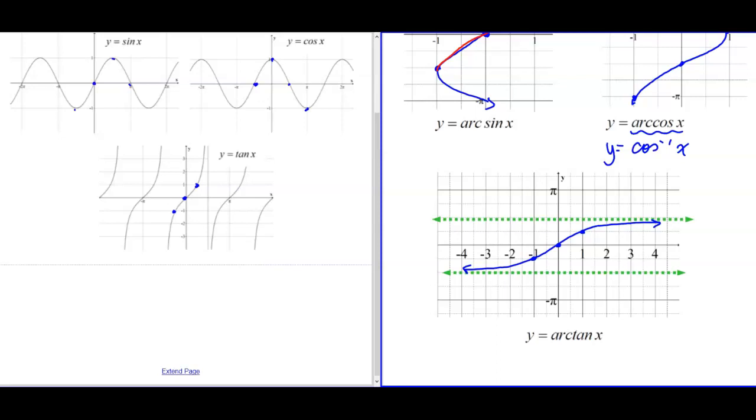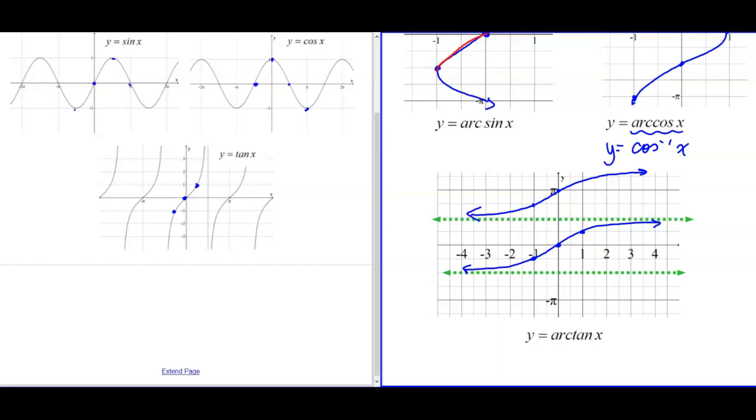Is that a function? Yeah. So you don't have to restrict the x values. It can be any x value. Now, that's only one part of the graph. If I kept on going, I should do the next one up here, just so you realize there's more to it.